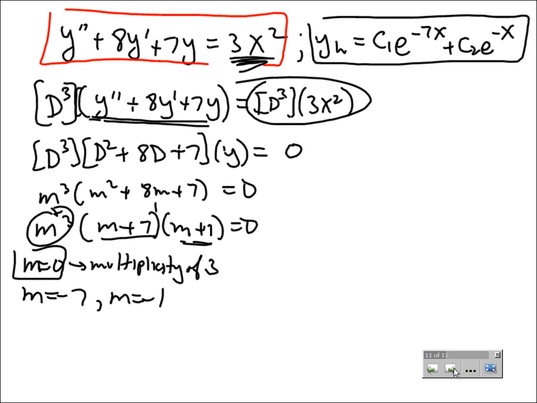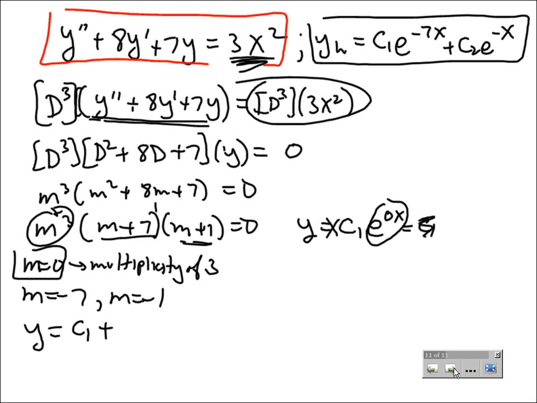So, let's deal with the m equals 0. And just remember, I'm going to start off with y1 equals c1 e to the 0x. But that's just c1. So y is c1, and then it's going to be x times c1 e to the 0x.